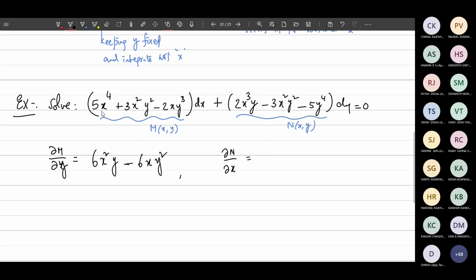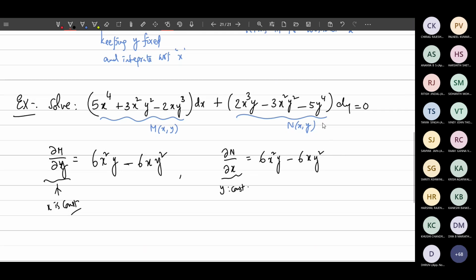In the first term, 2x^3y, the derivative is 6x^2y, minus 3x^2y^2, with respect to x, y squared is constant, so 6xy^2.